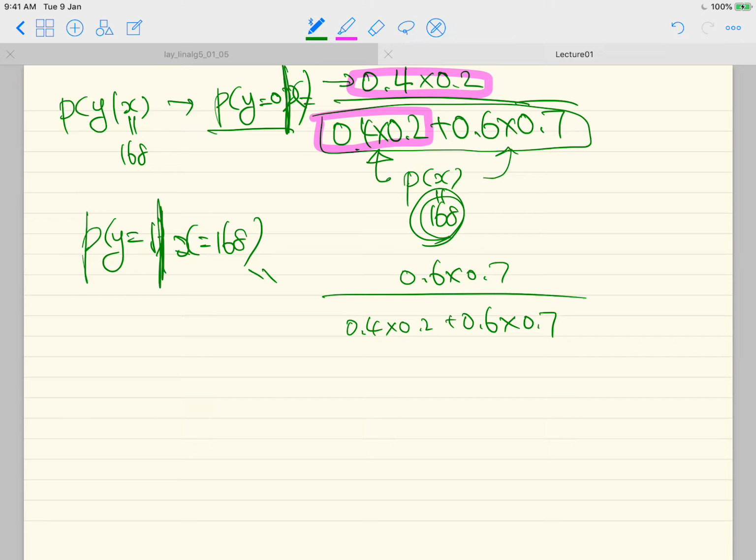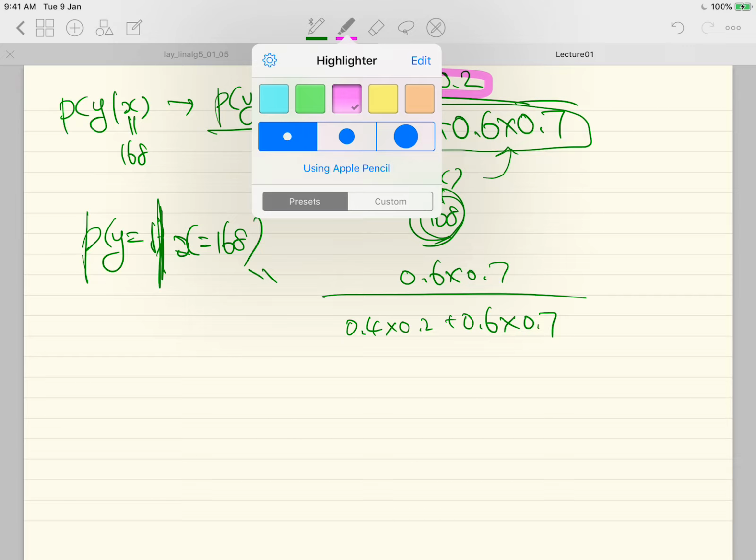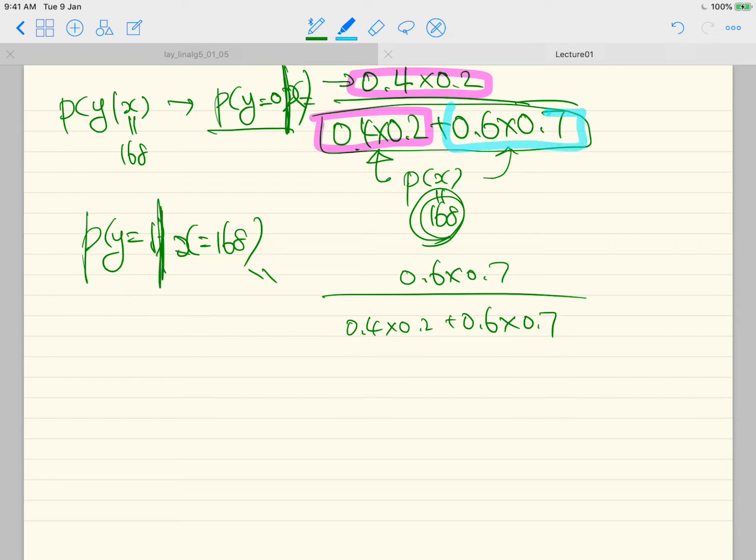Let me just color code them in this one.